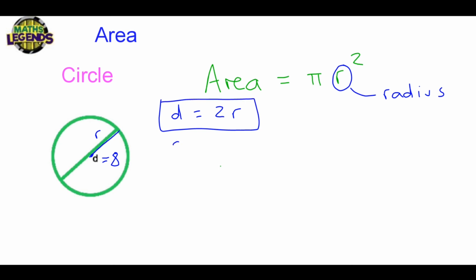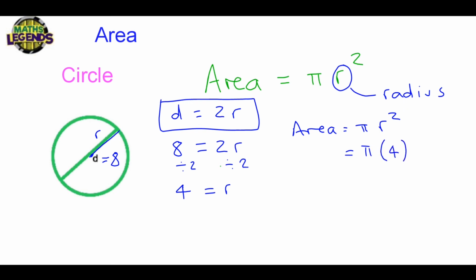We have d, which is 8, equals 2r. Then we divide both sides by 2, and we get 4 equals r. Then we plug this into the formula for the area. The area is equal to pi r squared. So pi stays as pi, r we replace now with 4, because we just worked that out, squared. Now 4 squared is 16, because 4 times 4 is 16. That's 16 pi, which is 50.3 rounded to 3 significant figures.